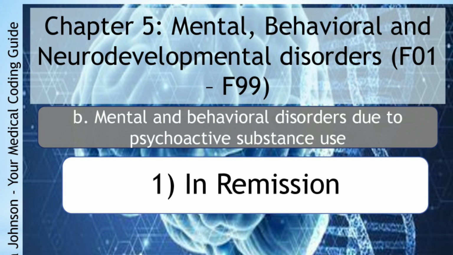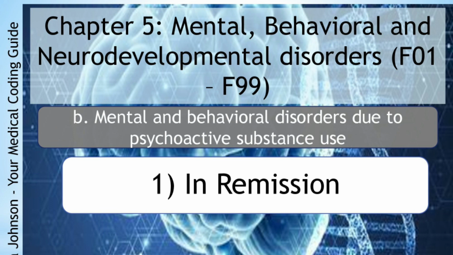How will you know the patient is in remission status? It is purely by the provider's judgment, the doctor's judgment and documentation. No other classification can be considered unless there is an official guideline. For example, if the patient is already in remission status, but the patient is using a mild substance, in this scenario you will be coding substance abuse in remission.